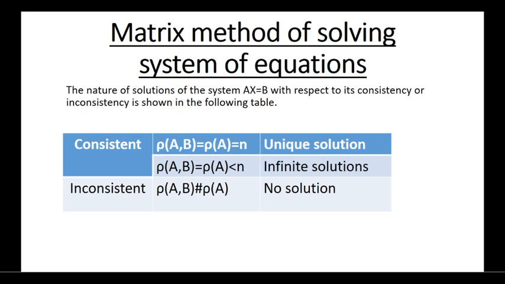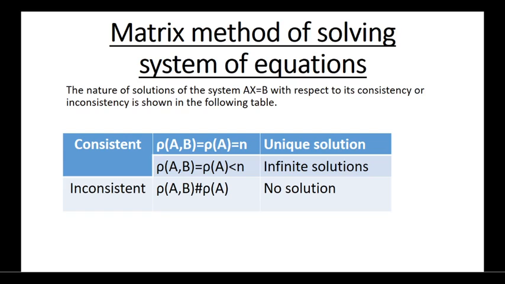The system will have infinite solutions when the two ranks are the same and that rank is less than the number of unknowns. Now we discuss whether a system of linear equations is consistent or not. Let us take a problem.